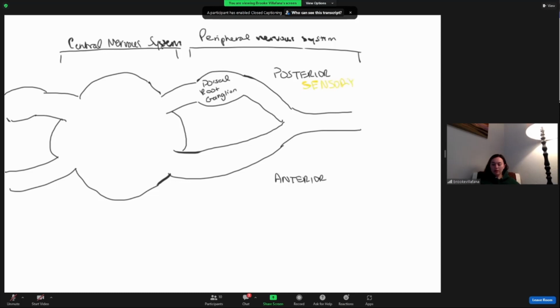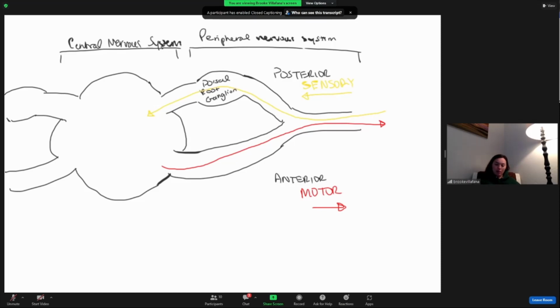And the anterior side, we always deal in motor information. So we know that the anterior side will be sending out a command. The sensory side will be receiving a command, right? Sensory comes in, motor goes out. So we always say information comes in the posterior side, goes out the anterior side.